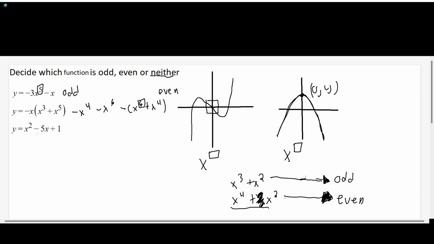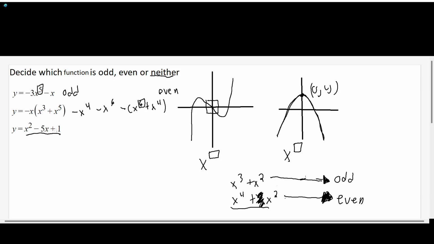Now, this parabola, x squared minus 5x plus 1, is neither. If I were to graph this, sorry, I made a mistake.